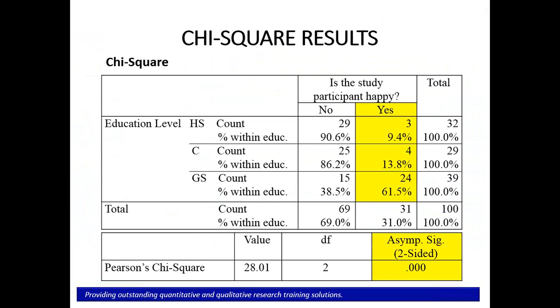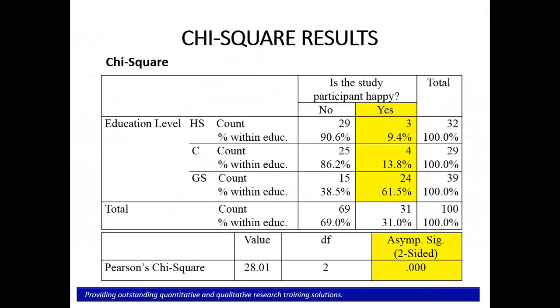We see it's only 3 people, but it's 9.4%. So 9.4% of the study participants at a high school level education are happy. Then we go down to college, and we see that 13.8% of the study participants with a college level education are happy.